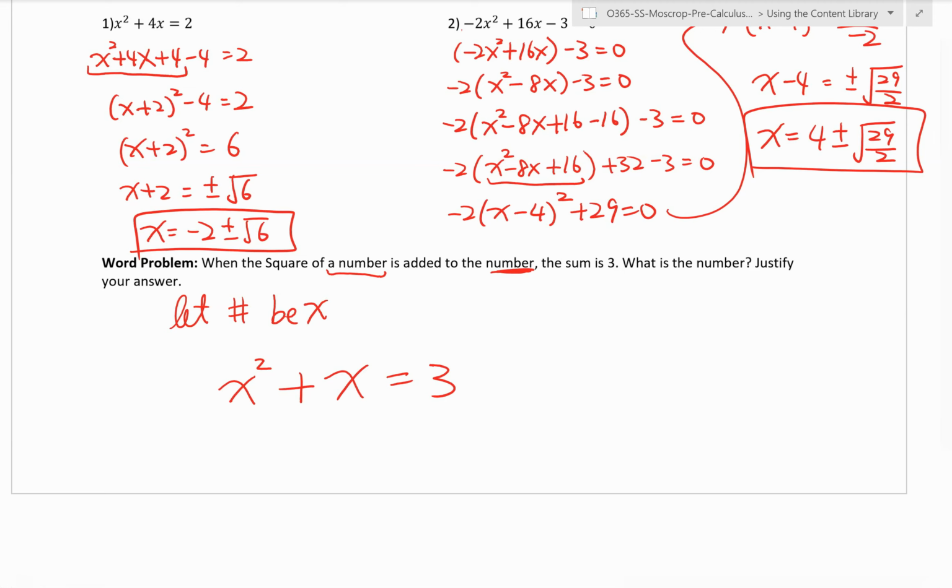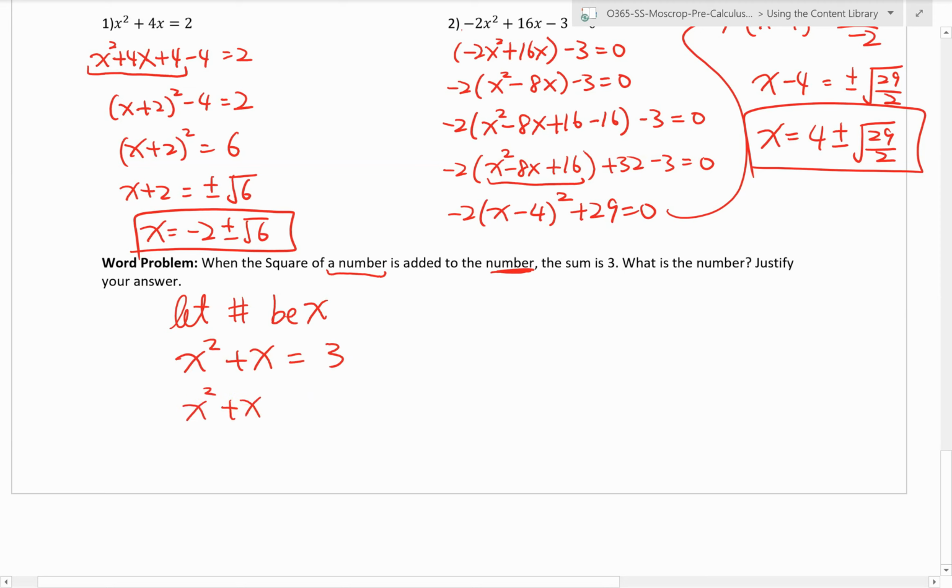Now you can see this is not factorable even if you move 3 to the left. I need to write smaller. x squared plus x equals 3. Even if you move 3 to the left, this is still not factorable. So now what we need to do is complete the square.